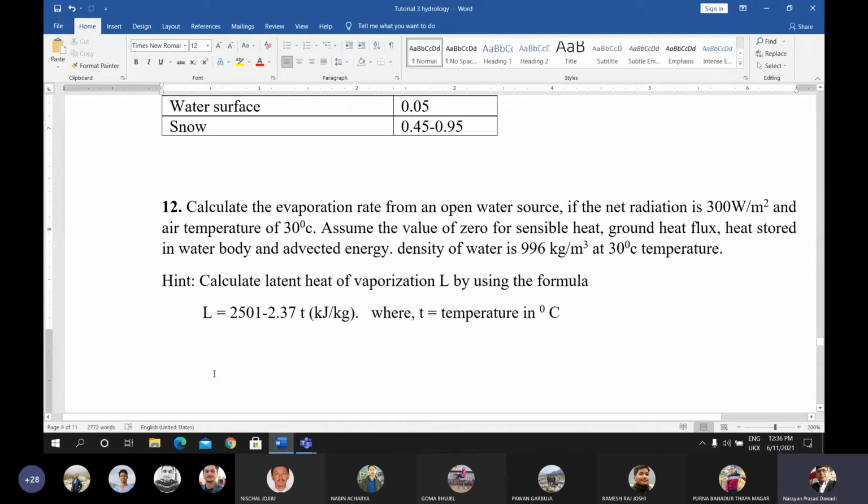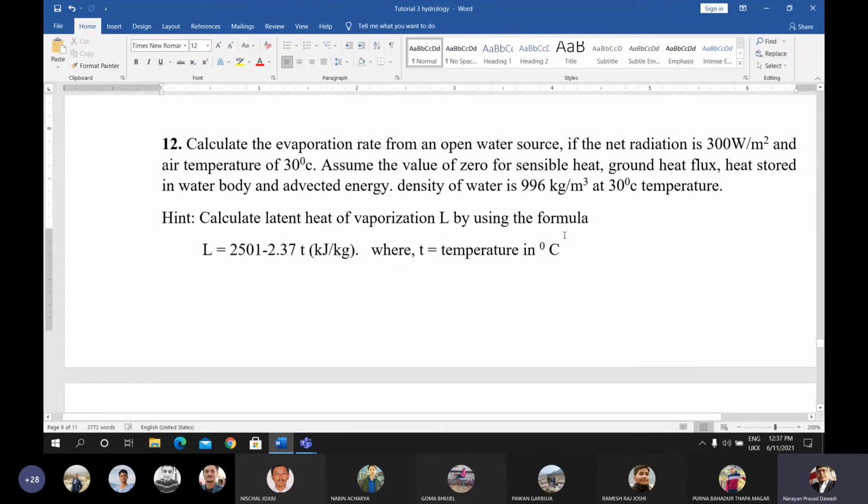L is the latent heat of evaporation, which can be calculated using the formula 2501 minus 2.370 T kilojoule per kg, where T is the temperature in degrees Celsius. Temperature is given as 30 degrees Celsius.